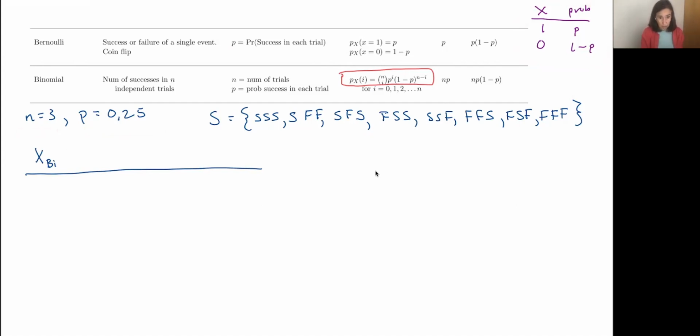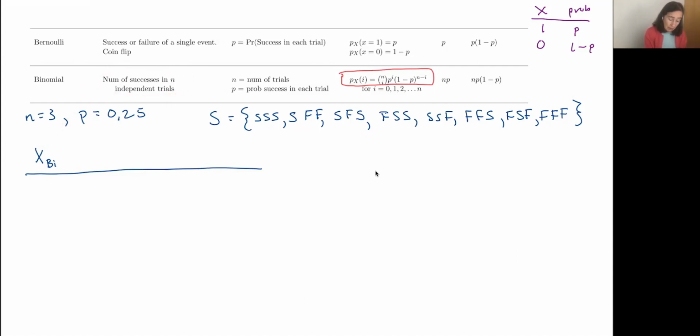I want to write down the binomial probabilities for this random variable. So with 3 trials, the possible number of successes, right? Because that's the story that goes with the binomial random variable. That's what X represents, the number of successes. Let's first just think about the values it can take.